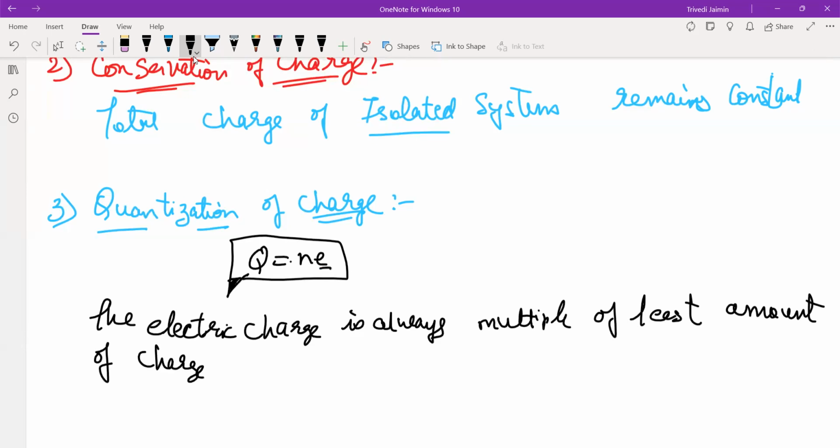So what is the least amount of charge? E. What is the value of E? 1.6 into 10 to the power of minus 19 coulombs. So it is the integral multiple of the least amount of charge.